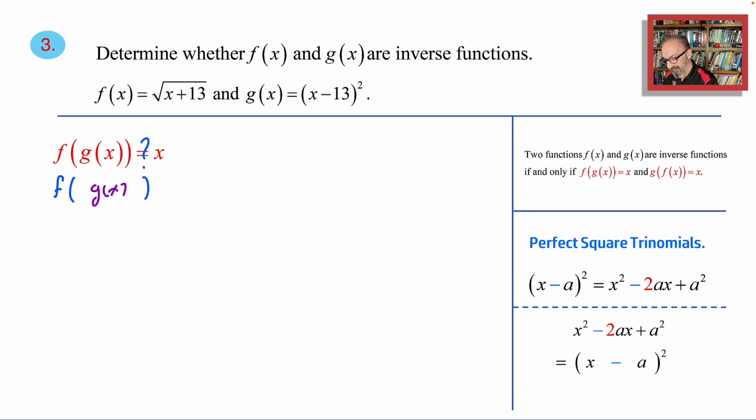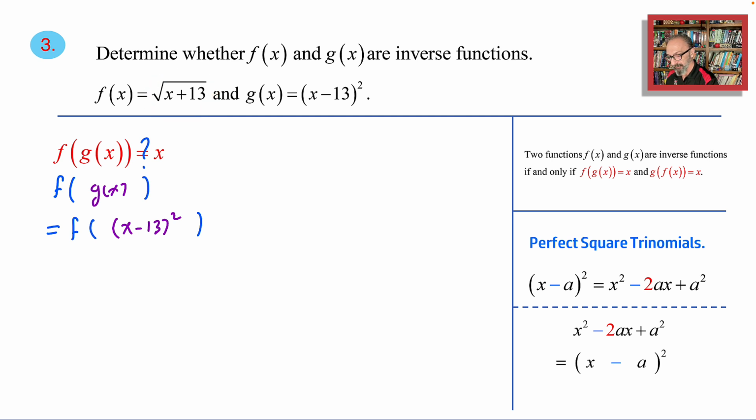And we want to see if that gives me back x. So we have f of g of x, and g of x is written as x minus 13 to the second. So we're going to write that as x minus 13 to the second. Now, the function f says to me, anything I give you, you add 13 to it, and once you're done adding 13, you put that under the square root.